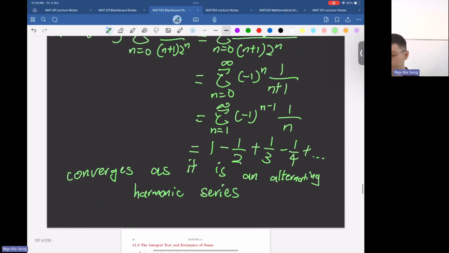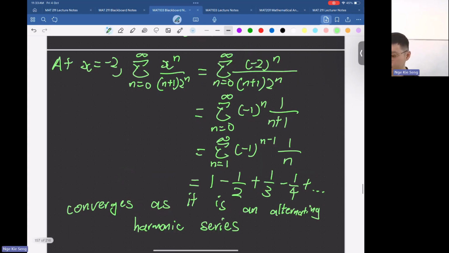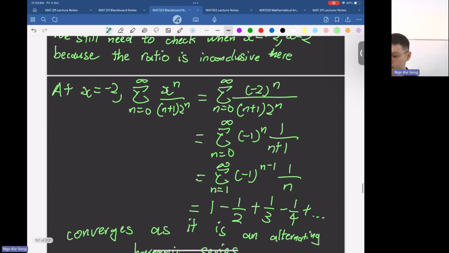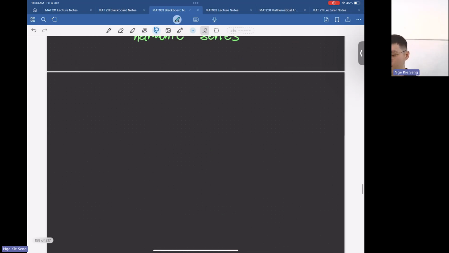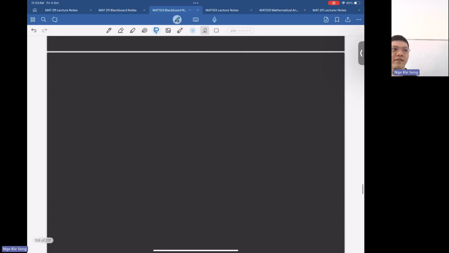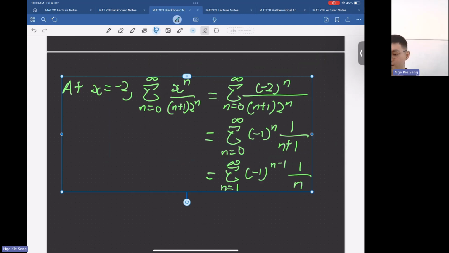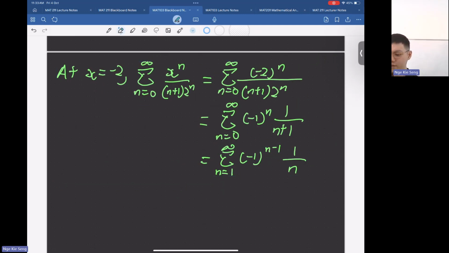Okay, how about the other cases? The other cases should be similar, right? When x equals 2, what happened? Even easier, correct or not? No more alternating. Can you imagine? If I make it positive here, then what happened?